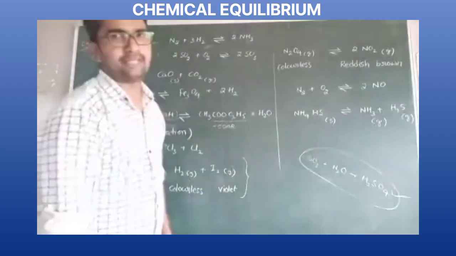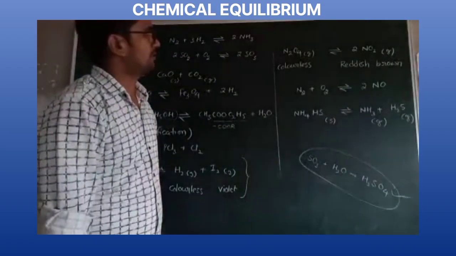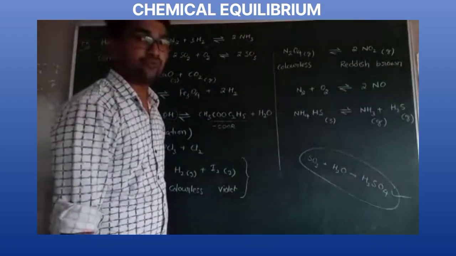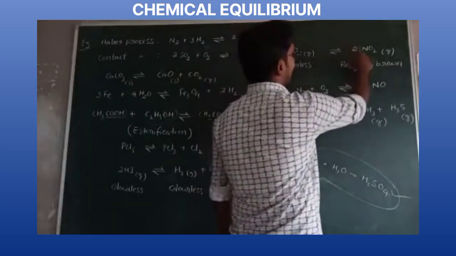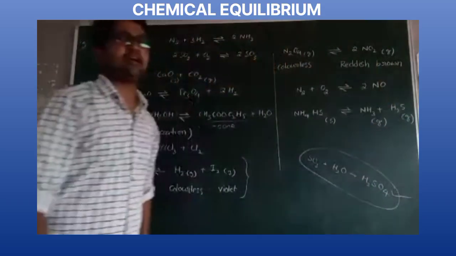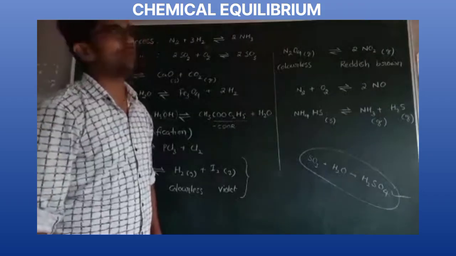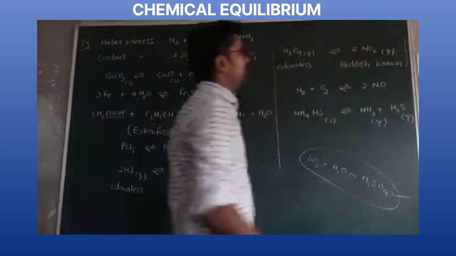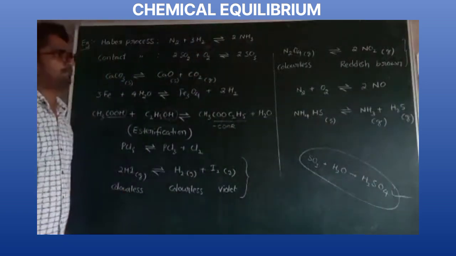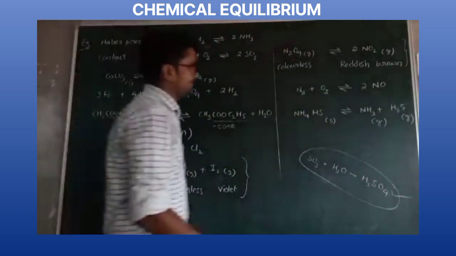Now come to the next example. N2O4, nitrogen tetraoxide, is a colorless gas. It is converted to nitrogen dioxide, which is a reddish brown colored gas. It is also a color change reversible reaction. Very important. Okay, next one.